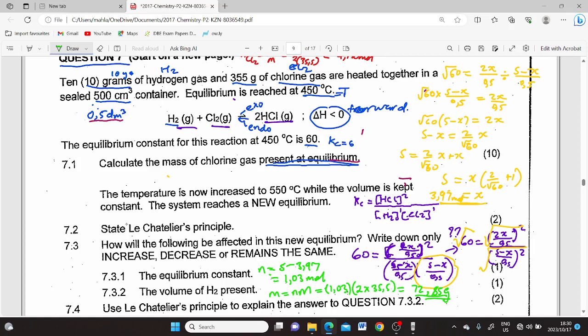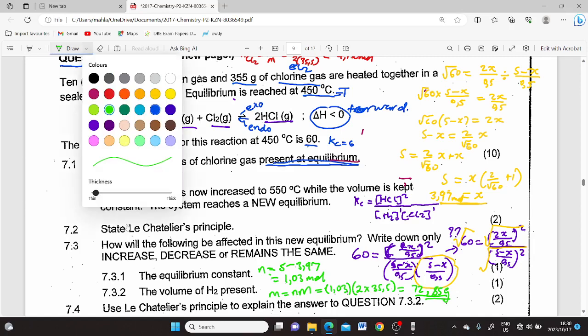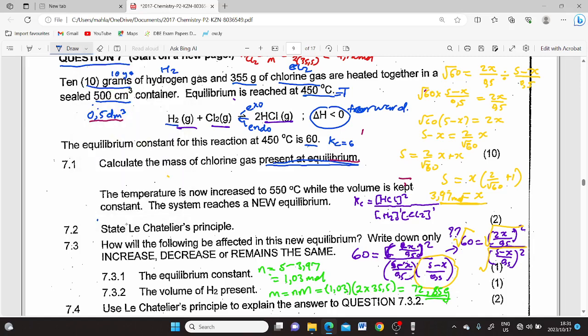Right, let's answer these short ones quickly. They say the temperature is now increased. Now let's go back to our blue car. The temperature is now increased, take note of this, to 550 degrees Celsius, while the volume is kept constant. The system reaches a new equilibrium. State Le Chatelier's principle.